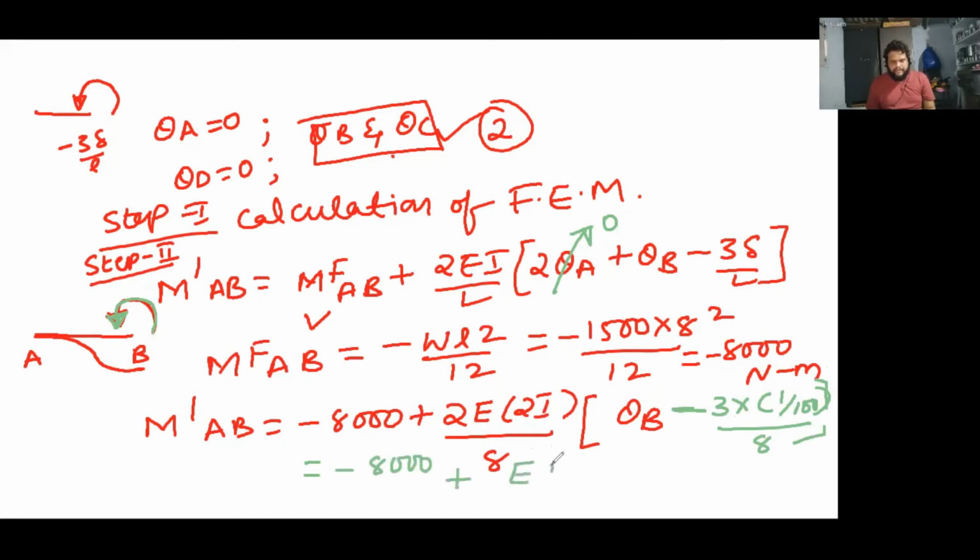Taking EI common, EI theta B is 4 by 8 minus 3 by 8, which is just 1 by 8, minus 3 by 800. So this will be our slope deflection equation 1.